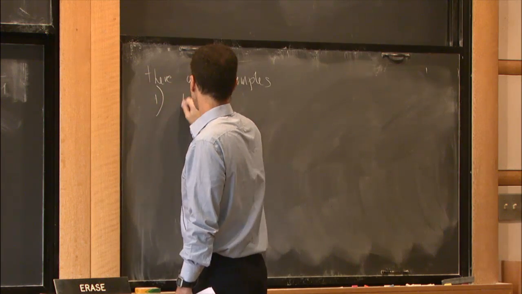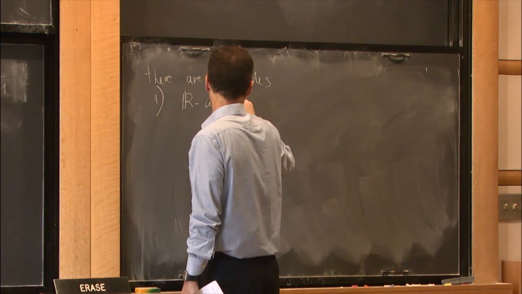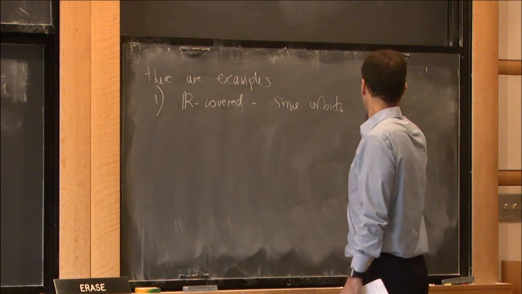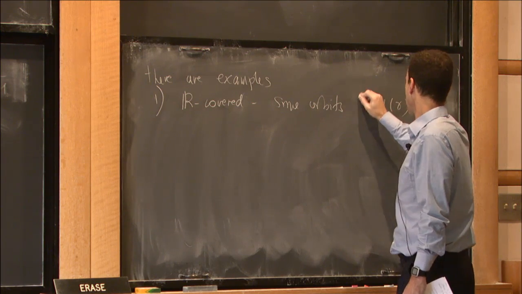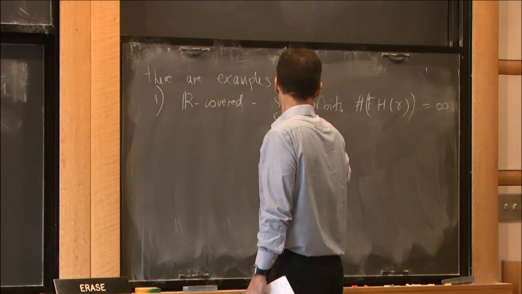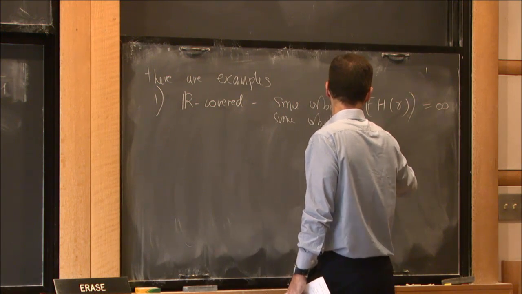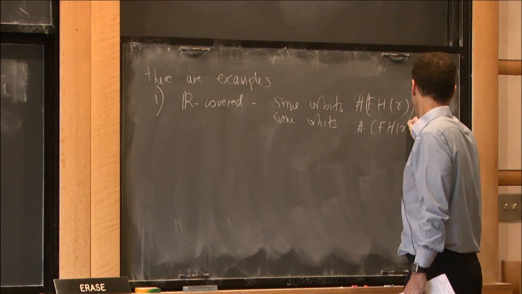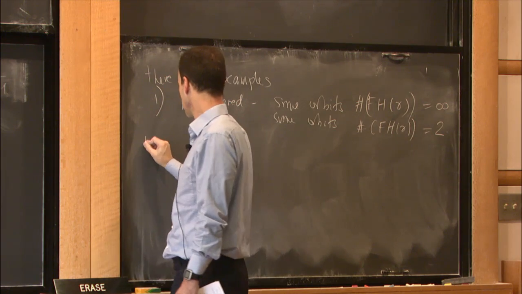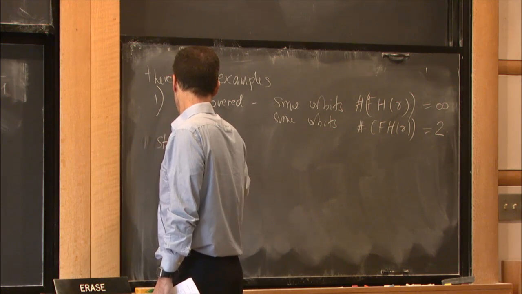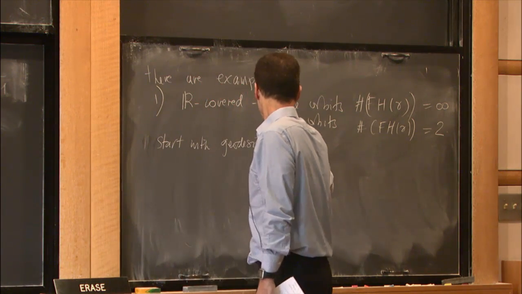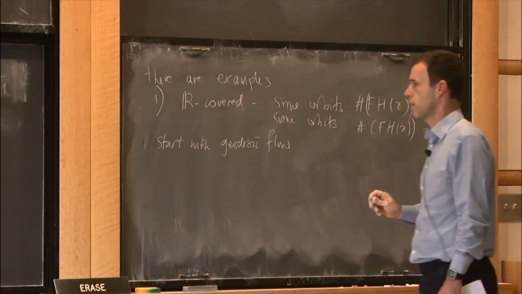Okay, so first, still R-covered, some orbits have infinite free homotopic class, and some orbits have free homotopic class which is finite, actually very finite, only 2 elements. So start with a geodesic flow.